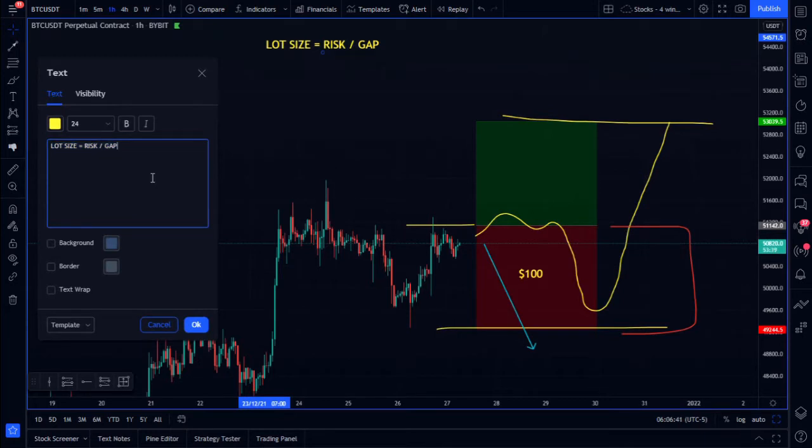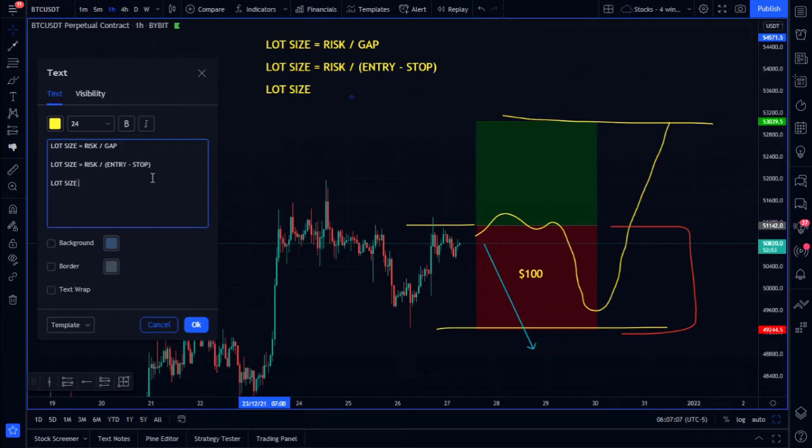So let's continue with this guy. Lot size equals risk divided by the gap. Lot size equals risk divided by entry minus stop price. So entry price minus stop price. Alright, let's fill in a few details.